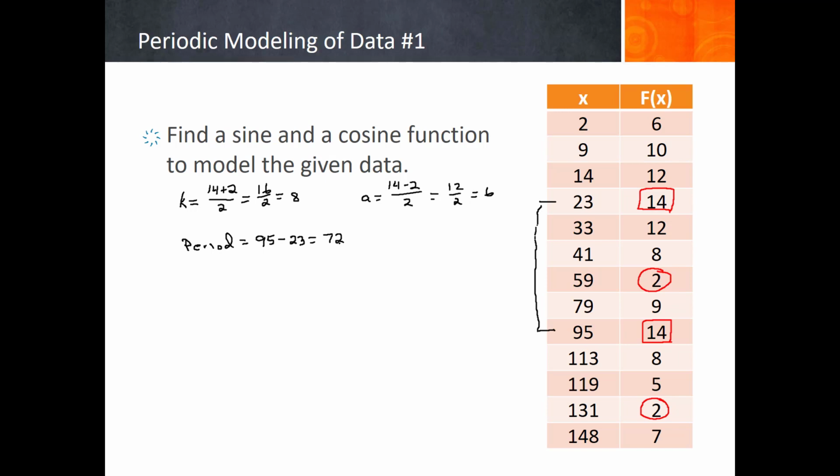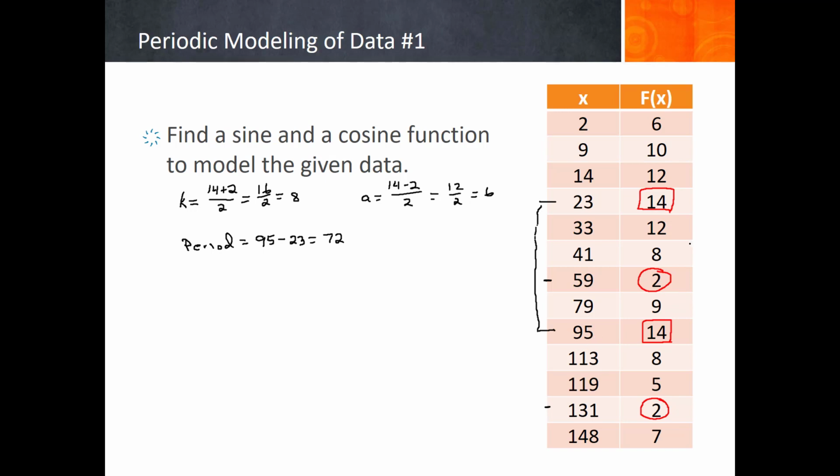So we know the period length is 72 just by comparing the distance between the two maxes. If you wanted a different view, you could look at the minimums. The minimums are 2. We have a minimum at 59 and another minimum at 131. If you subtract those, you would also get 72.